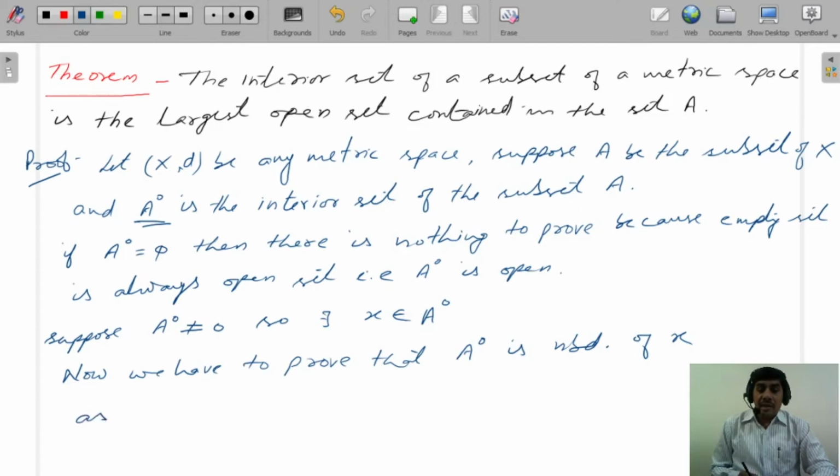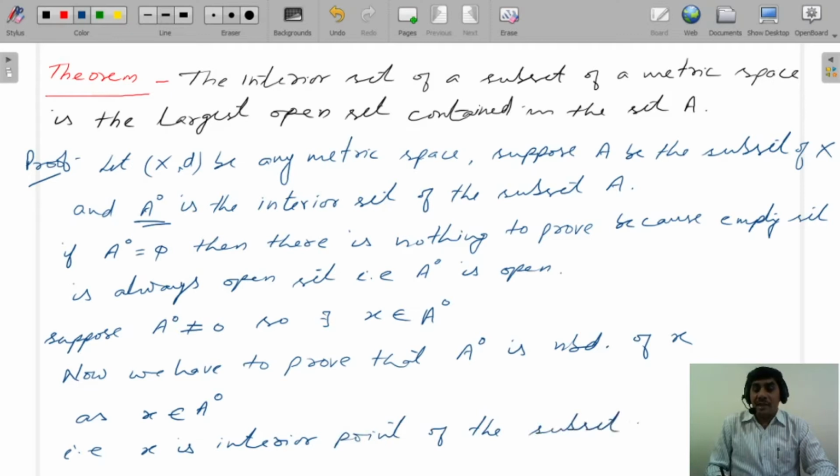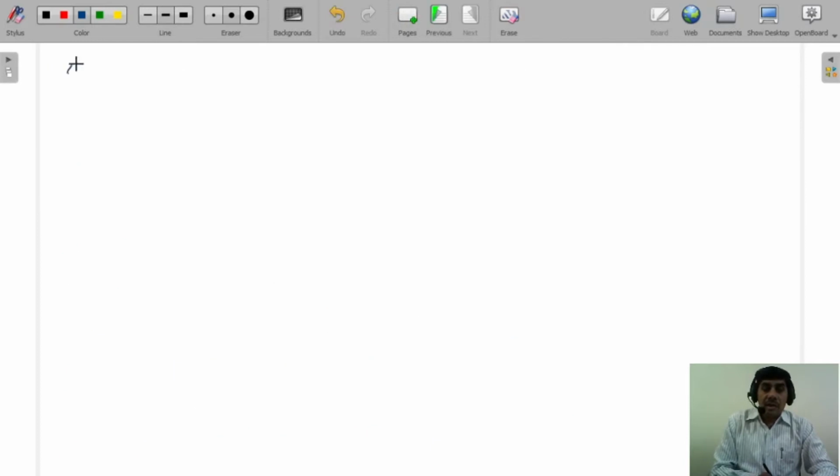As x belongs to A interior, that is, x is an interior point of the subset A, that is, A is a neighborhood of x.